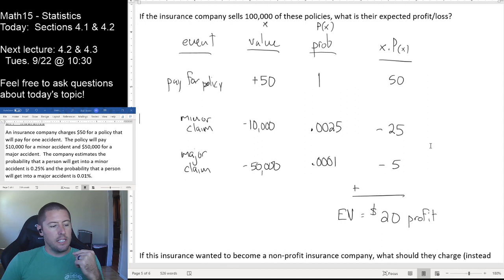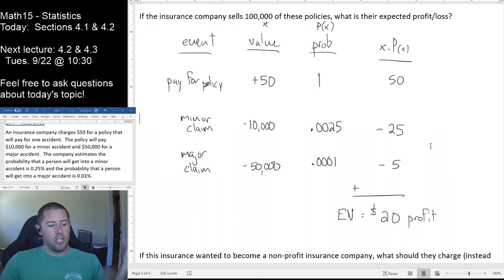You should notice it's not possible for the insurance company to exactly profit $20 from one sale, because they're never going to make a $50 sale of a policy and then pay out $30 to me for a claim, resulting in them profiting $20. It can never happen for just one person.